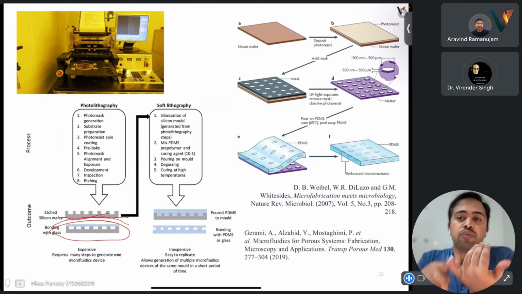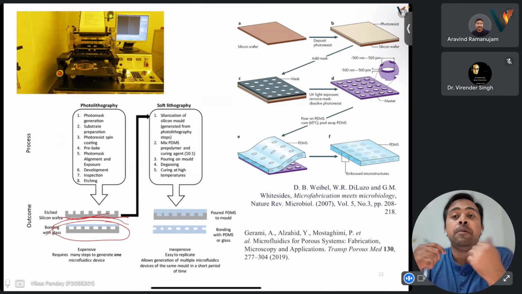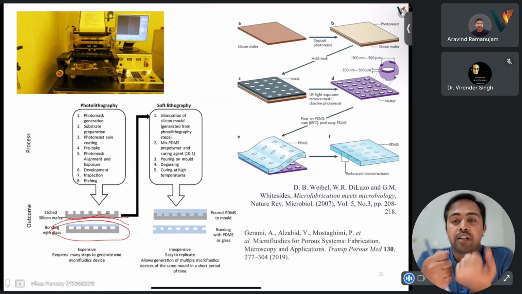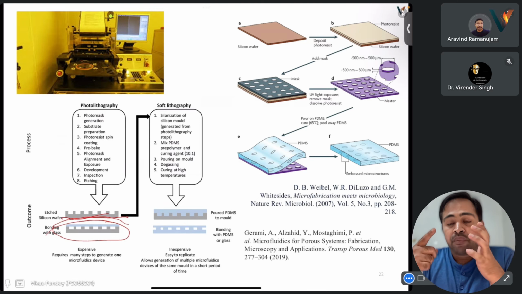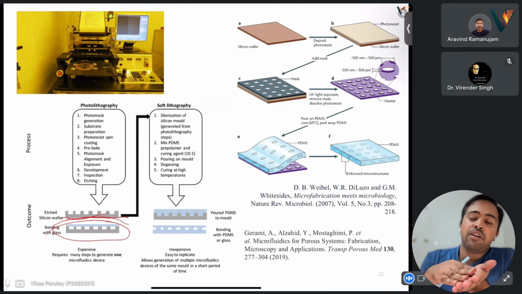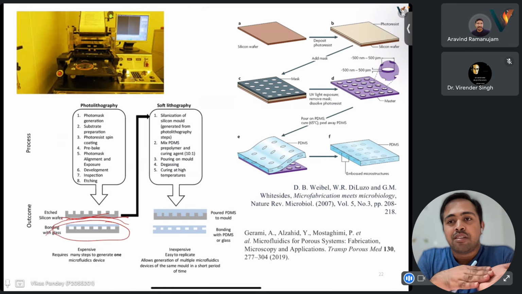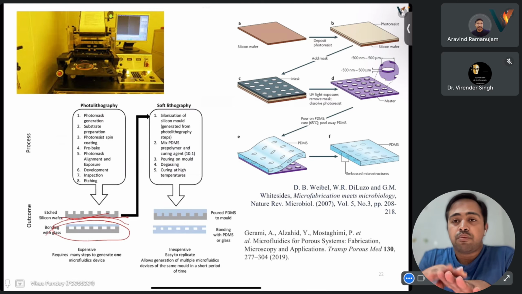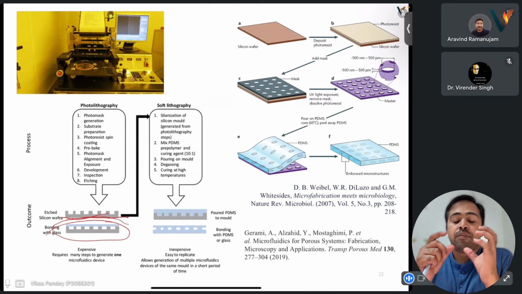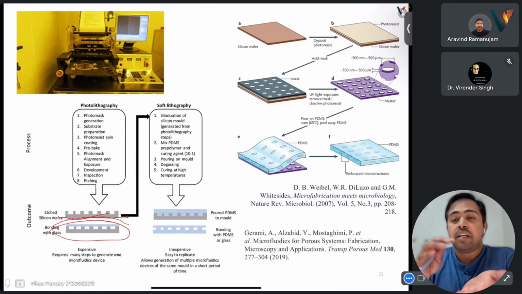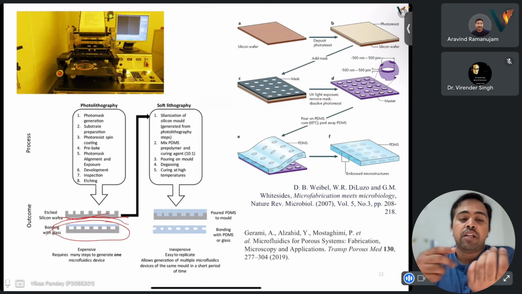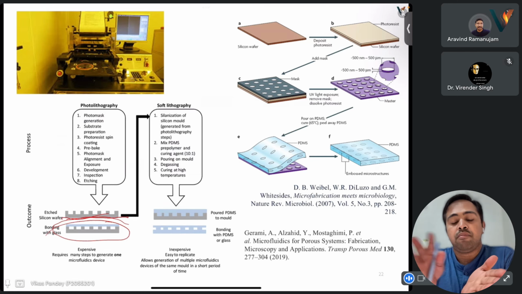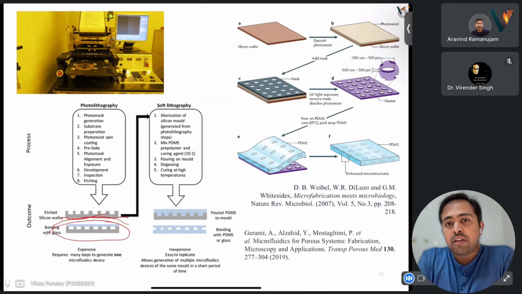So it also involves photolithography and e-beam lithography. But since it is a flexible material, itself a resin, we cannot pour photoresist above it. It is not photosensitive, and it would stick to the photoresist and we cannot do anything with it.